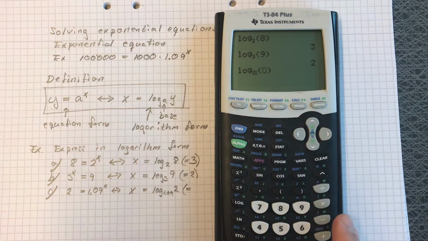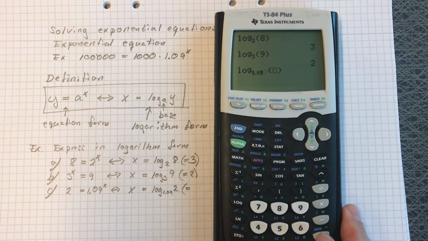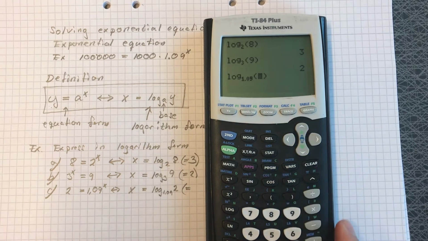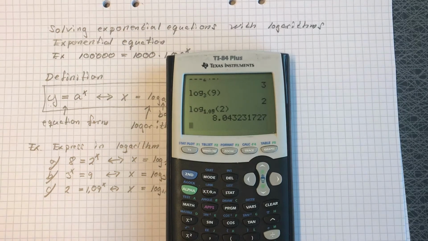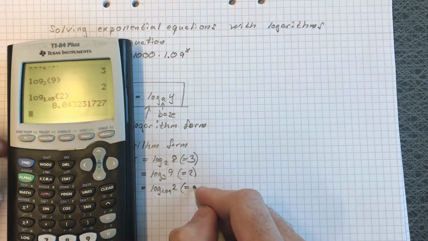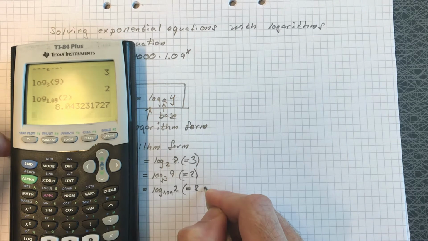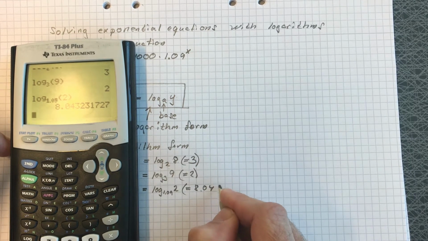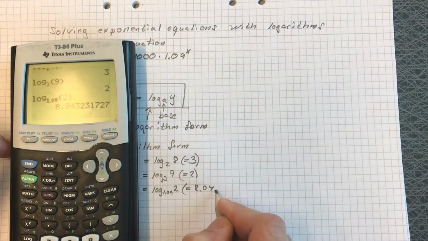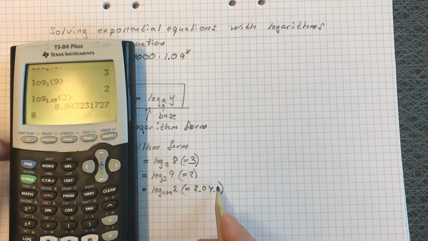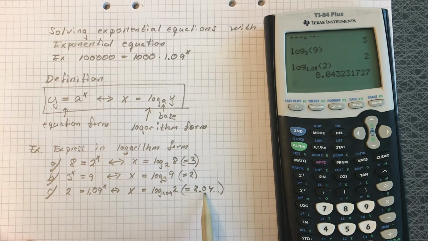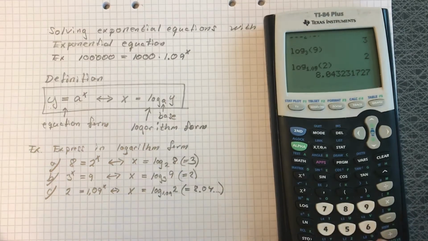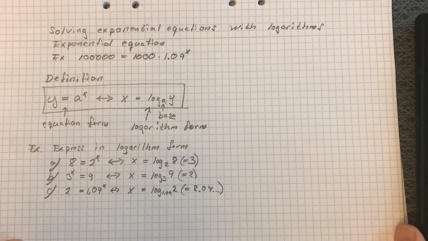And here we write 1.09, and we go to the right and write 2. So it takes 8.04. Well, x is 8. I can have 3 significant figures, so it's 8.04, but it continues, it's a rounded off number now. It could be 8 days if you talk about infected people, or 8 years if you talk about interest and money and other things.